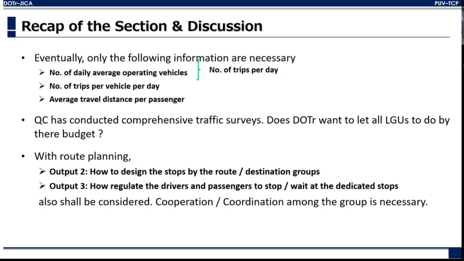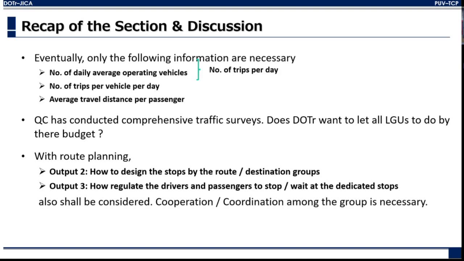Quezon City has conducted a comprehensive traffic survey, which is a very wonderful effort and needs to be praised. However, does DOTr want to let all LGUs do this by their own budget? And with route planning, yes.